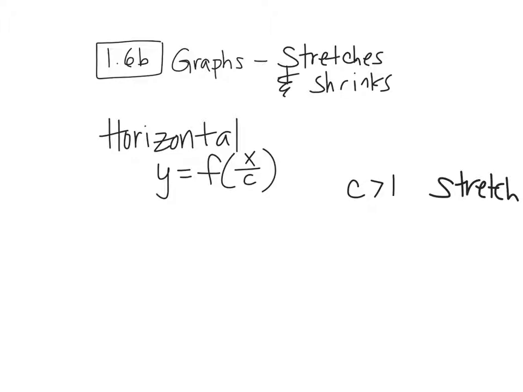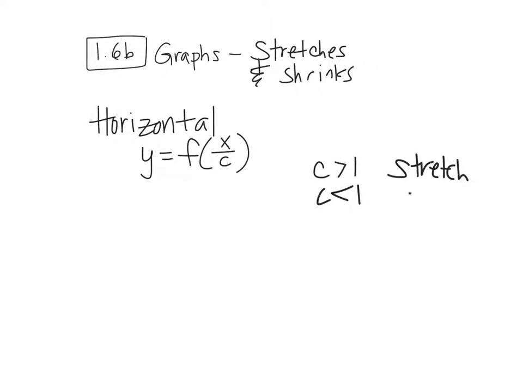Stretches it out horizontally, this way. And if c is less than 1, then we will get a shrink. Those are going to be tricky. You're actually going to have to plug in x over c into your function to change the stretch or shrink.